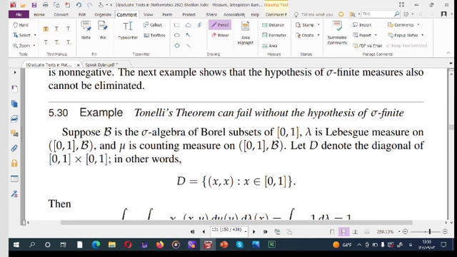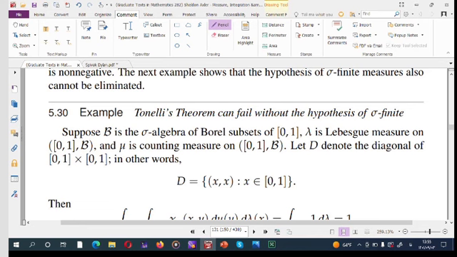This is our X, for example, and this is our sigma algebra S, the sigma algebra of all Borel subsets of this set. And mu is counting measure, so we consider two measures: first, Lebesgue measure, second, counting measure. And let D denote the diagonal of this product space, D equal to the set of (x, x) such that x belongs to [0, 1].